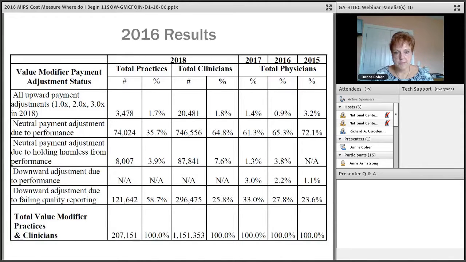And then, unfortunately, 25% received a negative payment adjustment because they did not file their PQRS data. You can also see the trend from 2015, 16, and 17, and compared to 2016 and 17, there's been a little bit of increase in those clinicians that received a positive adjustment.